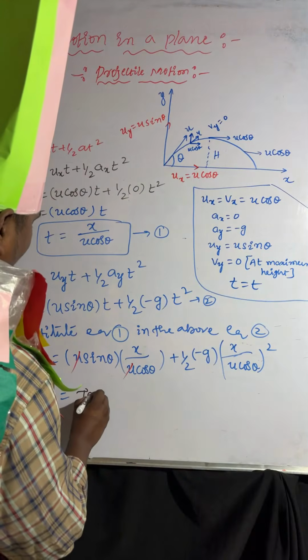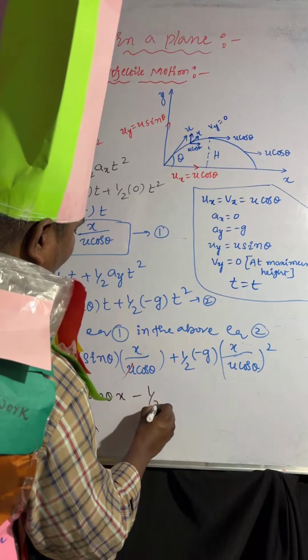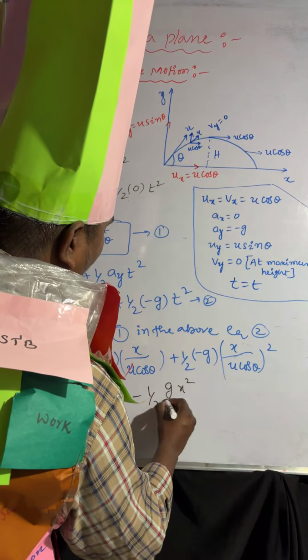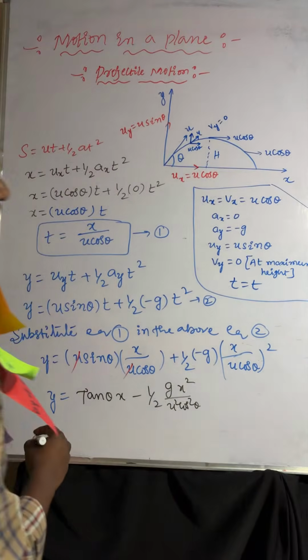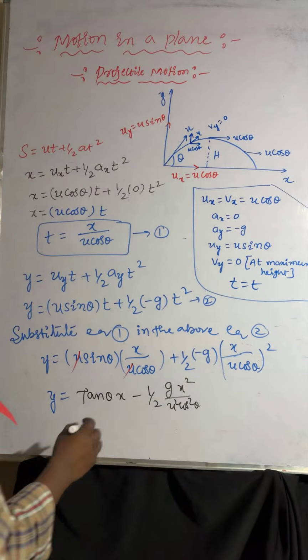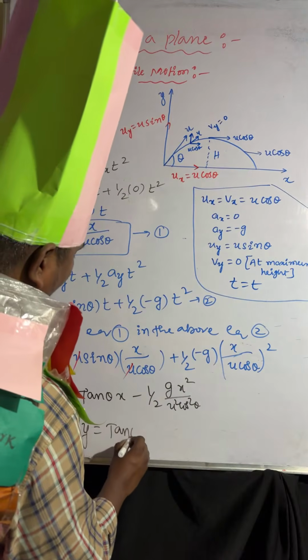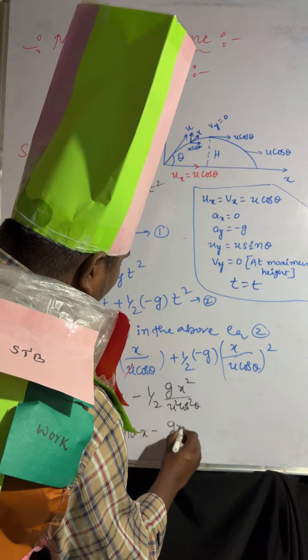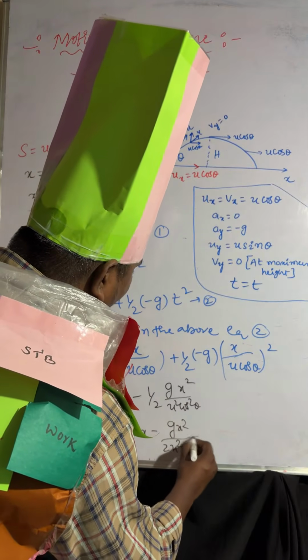So y equals tan theta into x minus g x square by 2u square cos square theta.